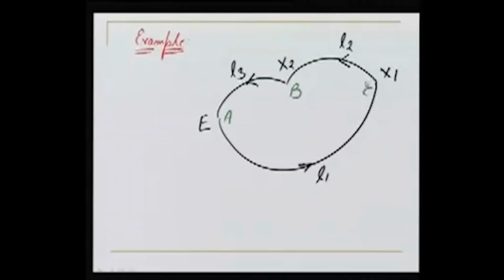Now, from X1, I went to B. The difference in RL between C and B is L2. Using this route, I can determine the RL of B also. But what we did, again from B, we went back to A. So now the RL of B can also be determined directly by taking into account this L3. It's a very simple thing.